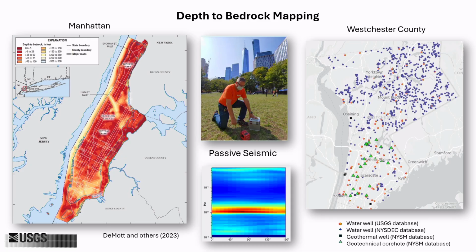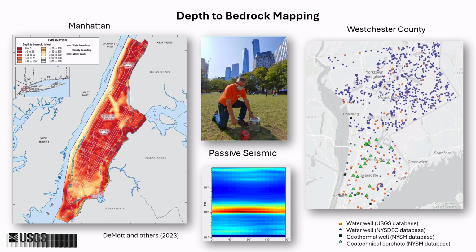It's three-component, and there's a fundamental frequency that the Earth, in response to that ambient noise, oscillates, and that fundamental resonance frequency is directly related to the thickness of the overburden.